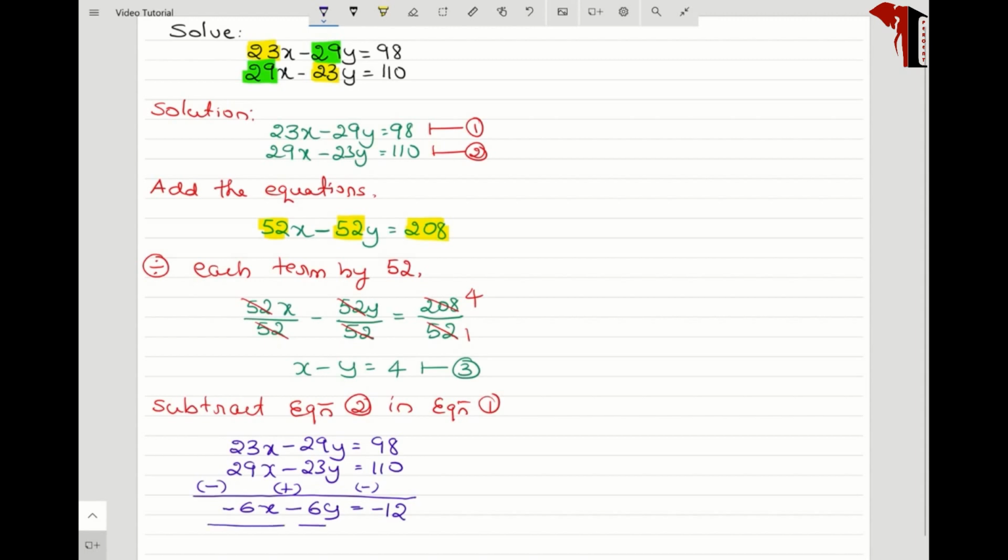Now you can again see that minus 6, minus 6 and minus 12 can be cancelled. So that is going to be our next step. We will divide each term.